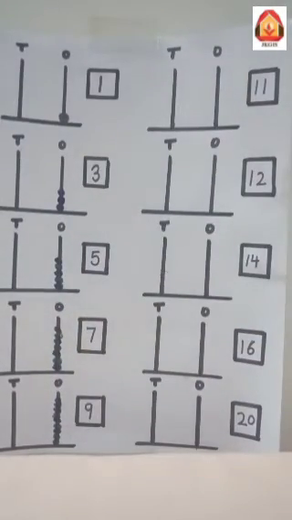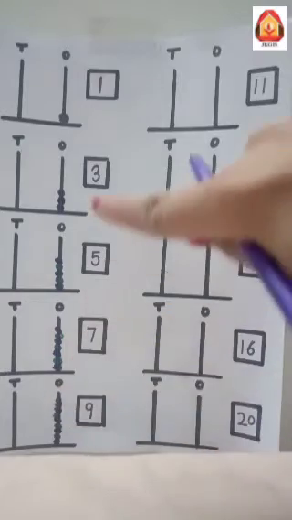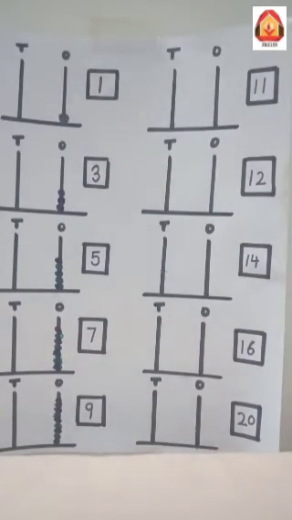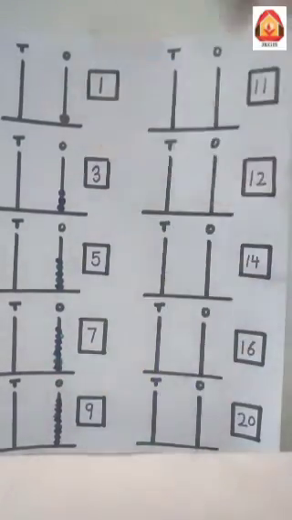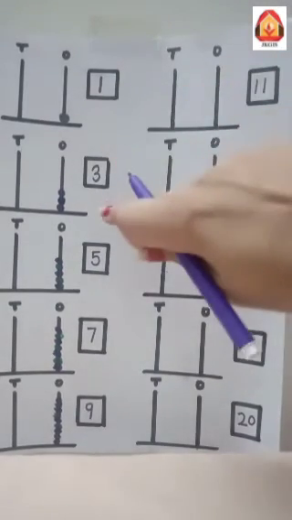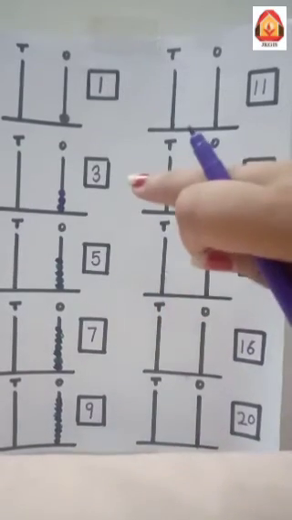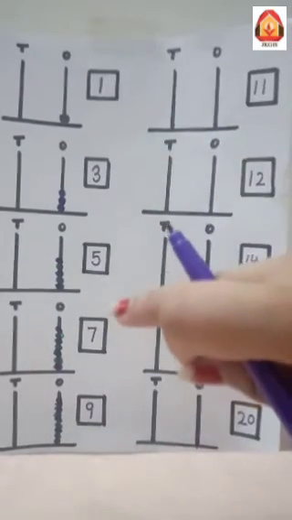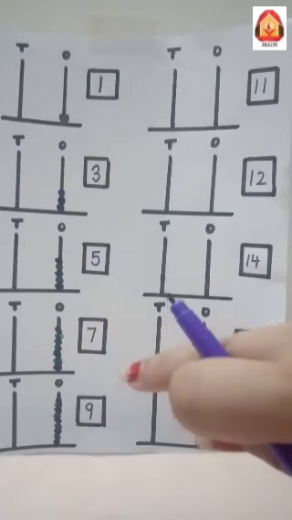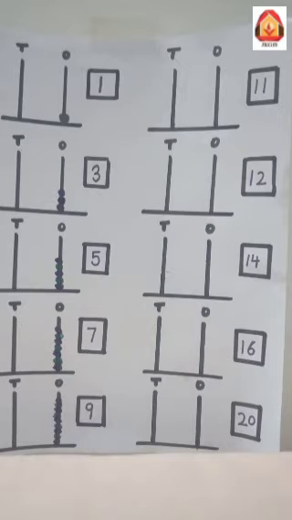Okay, so 9 beads in ones place. So with the help of different colors we can make beads and show them on this. So numbers 1, 3, 5, 7, 9, 4, 2, 6, 8 all come in ones place.